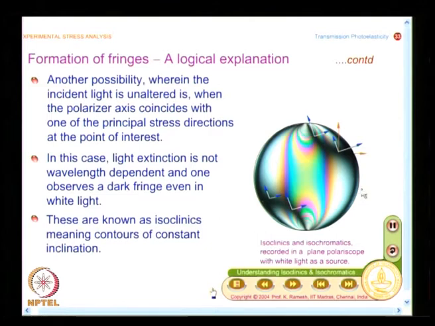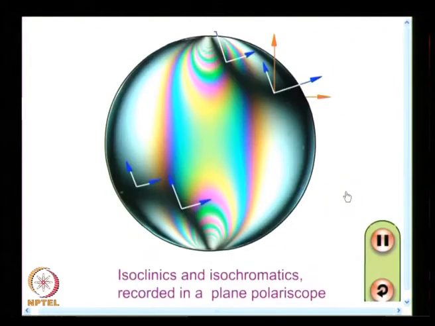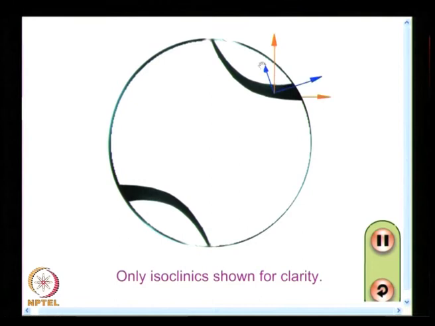Do you want me to enlarge it? I can also replay. So, initially I have only isoclinics drawn, and you find this is the reference axis, and this is the orientation of principal stresses at the point of interest. The length of the vector indirectly indicates its magnitude.